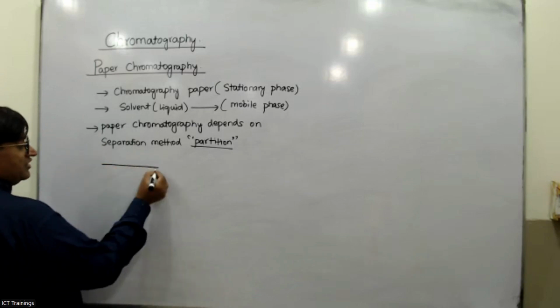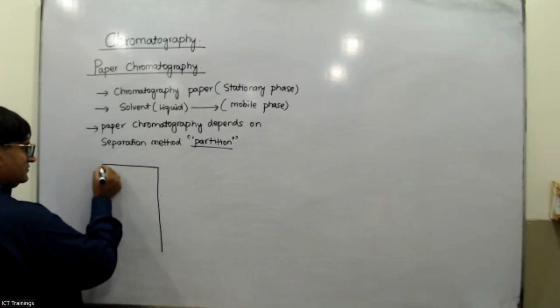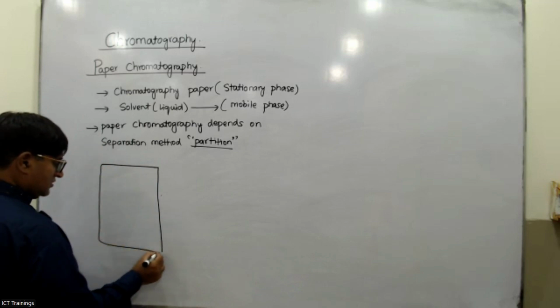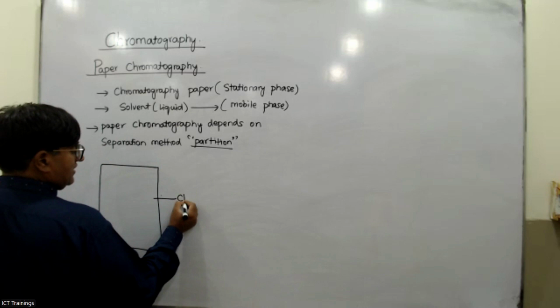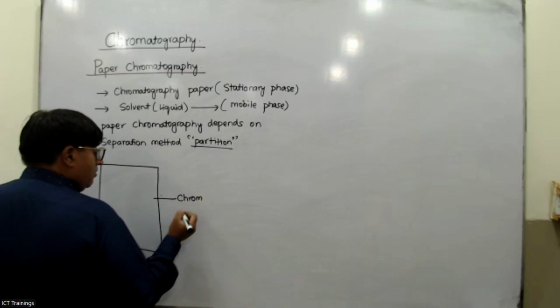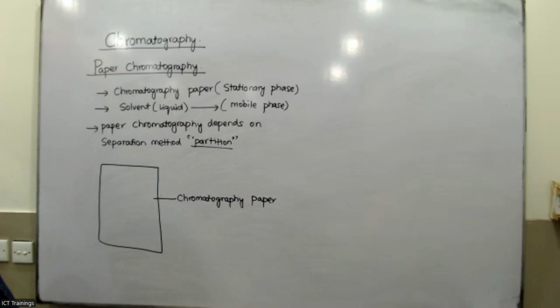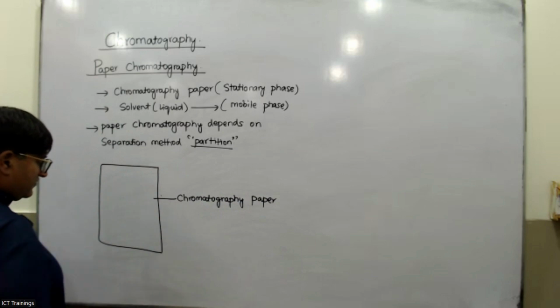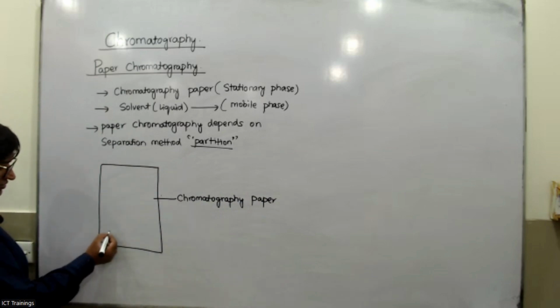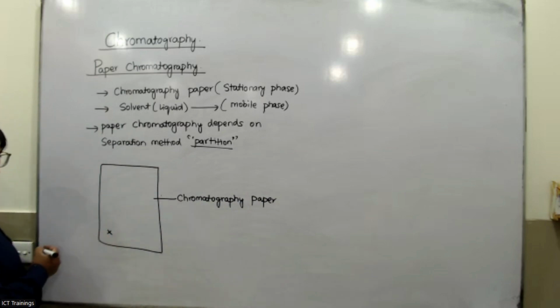First of all, you should take a paper like that. This paper is called a chromatography paper. Now what should you do? You should take the chromatography paper and put a sample with the help of a dropper up here. So this is the sample you have applied.